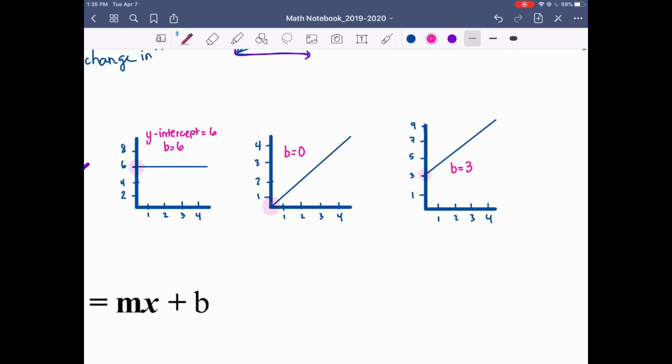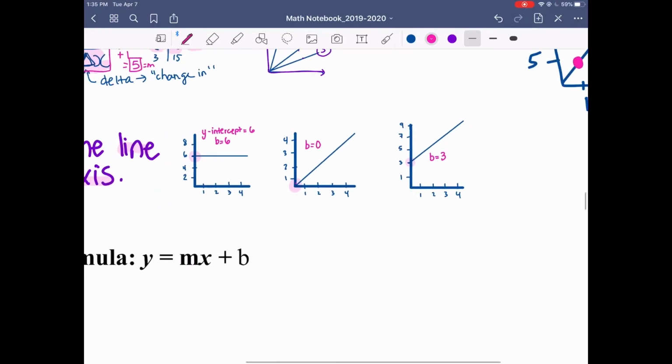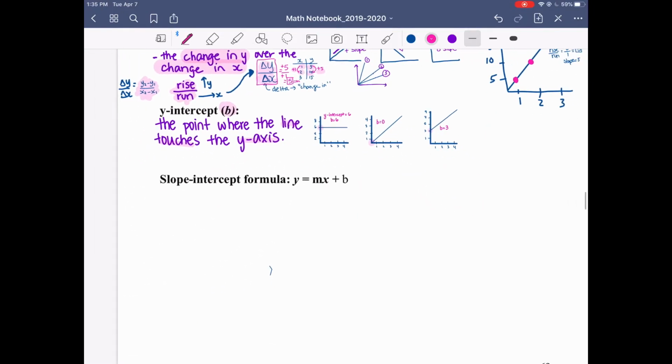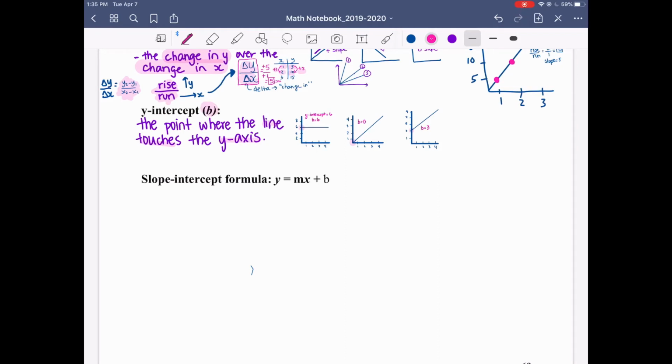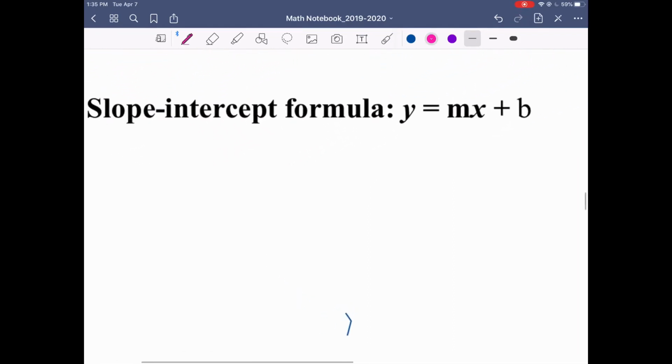This is going to be really helpful if you know that b is equal to the y-intercept. Because then we have our formula, right? We have this thing called the slope-intercept formula, which is y is equal to mx plus b.